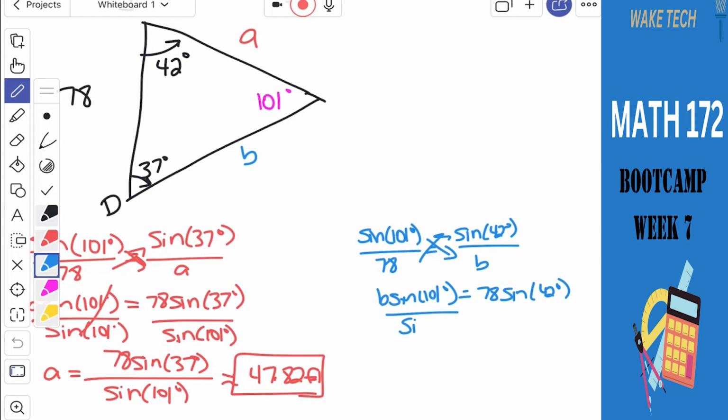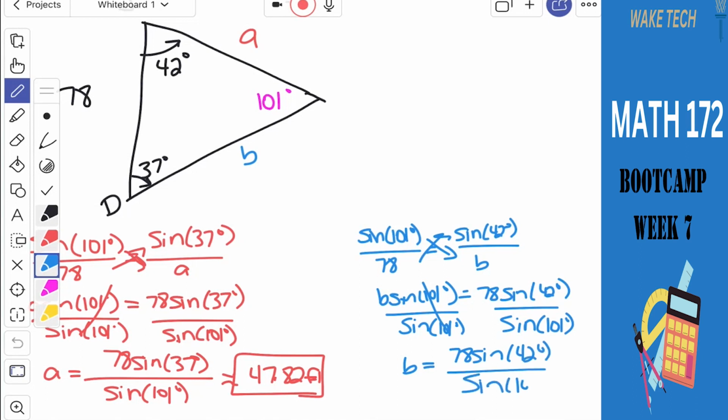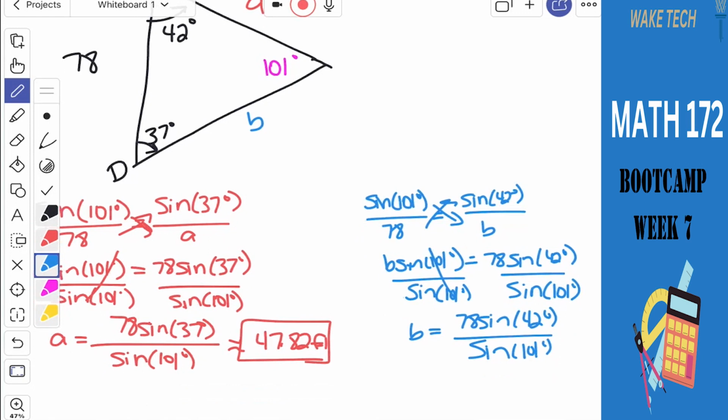Dividing by sine 101, we get that B is equal to 78 sine 42 over sine 101. So the ball is 53.17 feet from Dana.